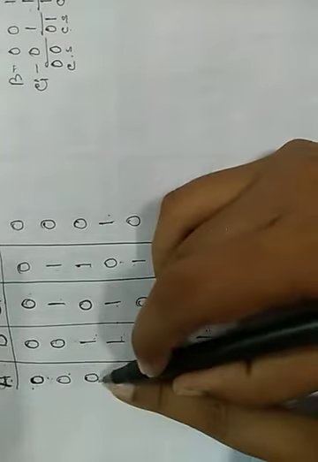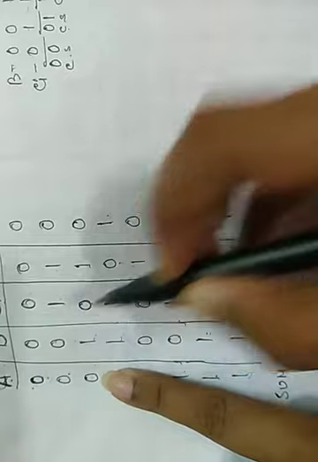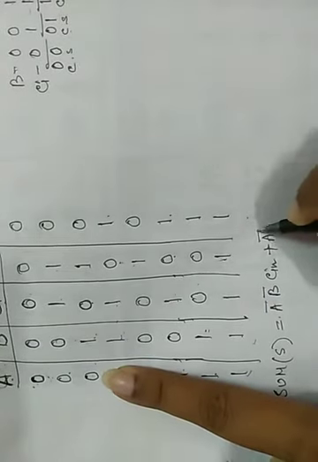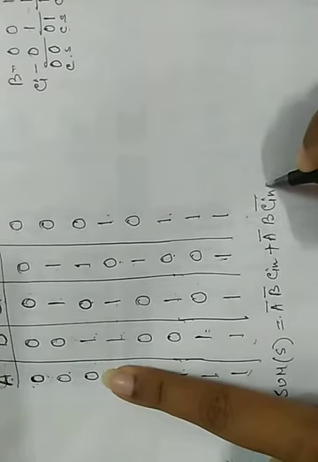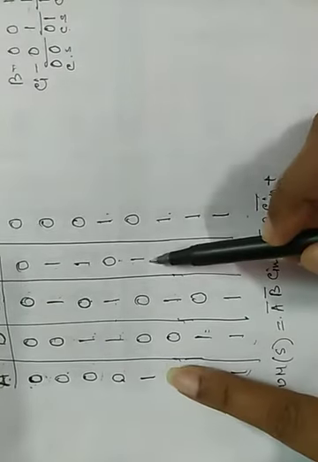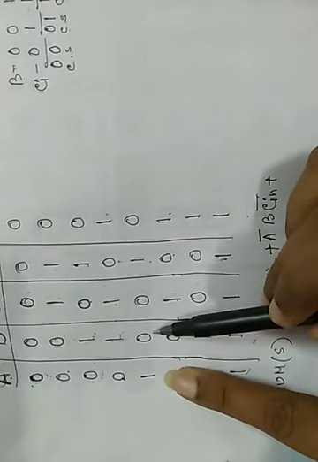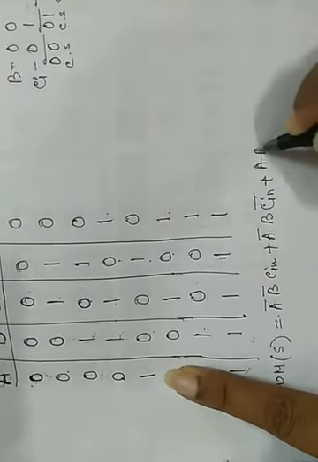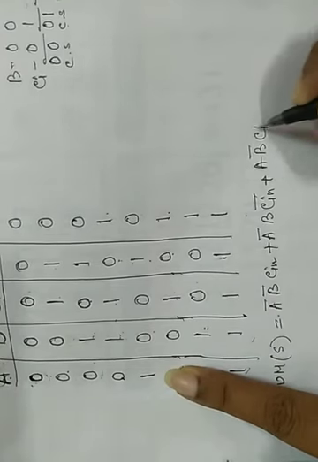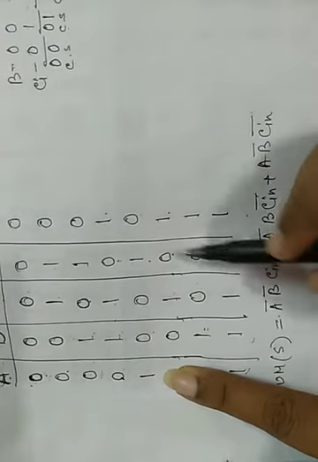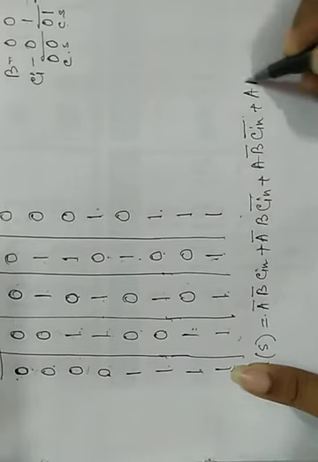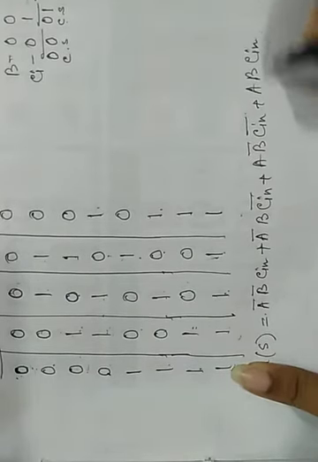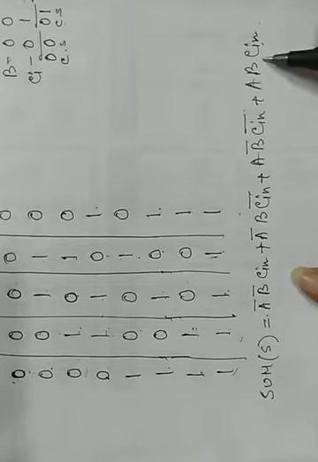Plus this one A bar, B, C in bar. For this one, A, B bar, C in bar. And for this one, if every value is 1, so A, B, C in. Clear? So this is the minterm expression.